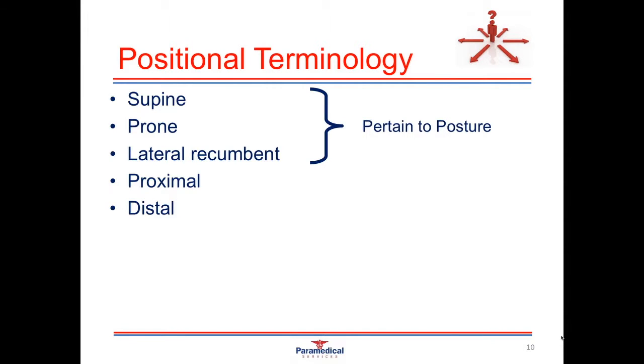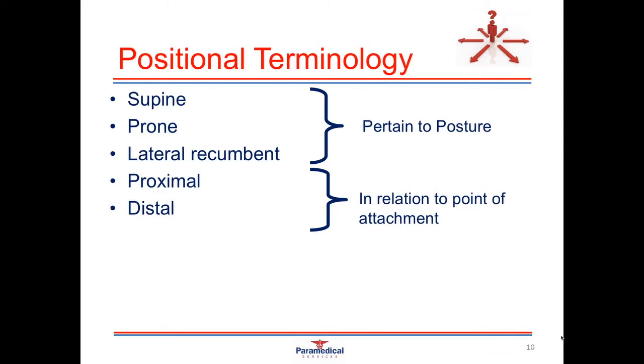The next terms that we'll look at are proximal and distal. So these terms help us to relate something to the point of attachment. What that means is that if something is distal to the point of attachment, it's the furthest away from the point of attachment. If my shoulder is the closest point of attachment to my trunk or my body or my chest, the most distal point is my fingertips.